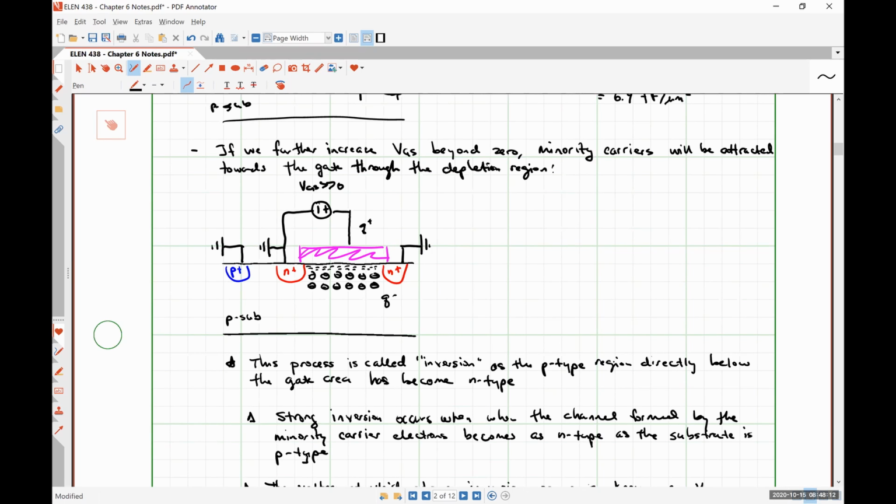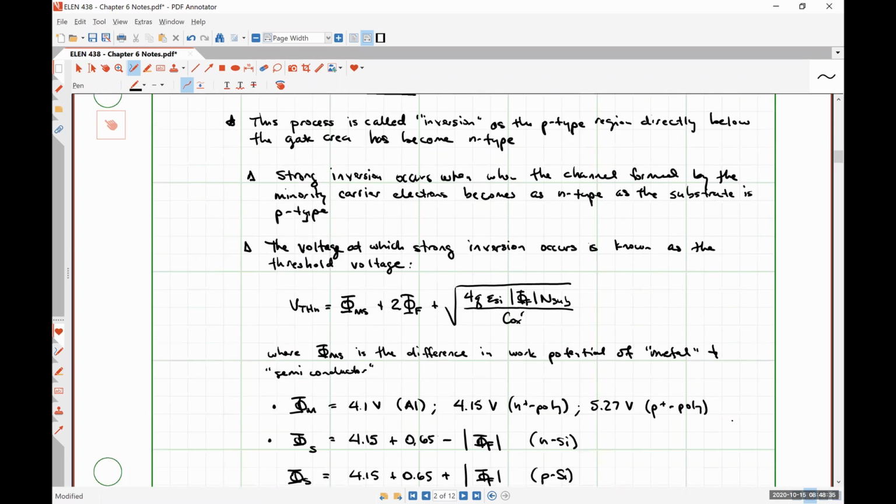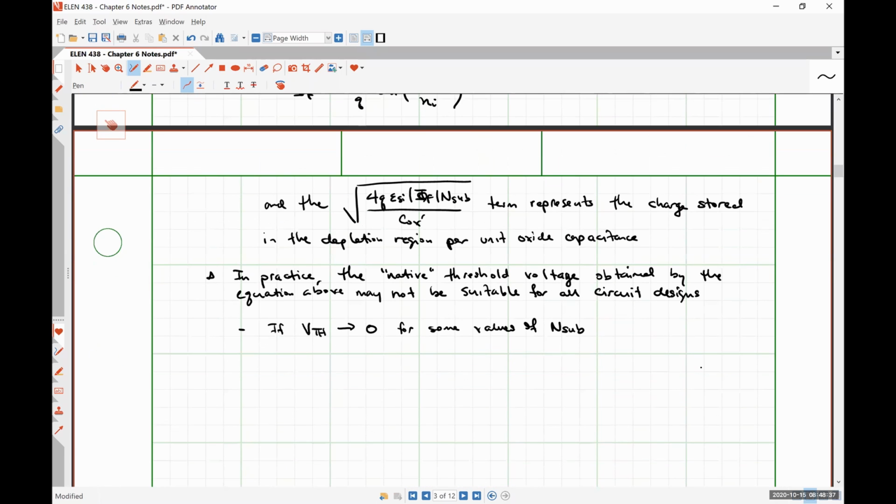Well, if the threshold voltage is 0, it means that that channel always exists, which means that there's really no way to ever turn our transistor off. So we could never use it as a switch, which is one of the two main functions of a transistor, right? It's either a switch or an amplifier. And that completely negates the switching operation because it could never be turned off if the charge always exists.